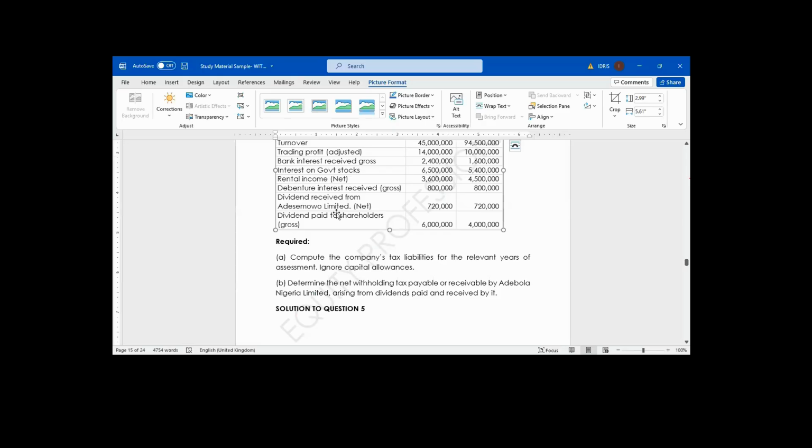How much is the dividend received? The dividend this company received is 720,000 for 2 years, while the dividend they pay to the shareholder is 6 million. The dividend they receive has had withholding tax deducted on it.